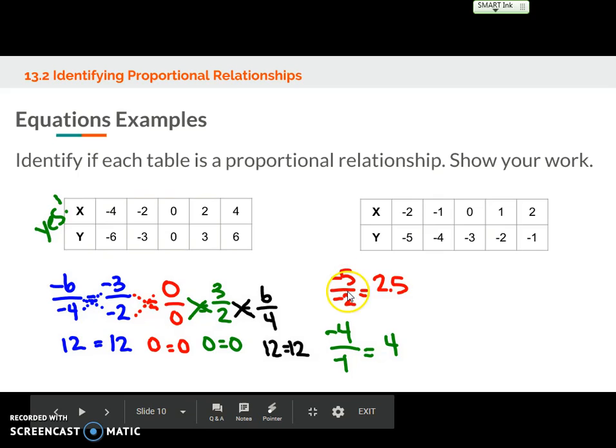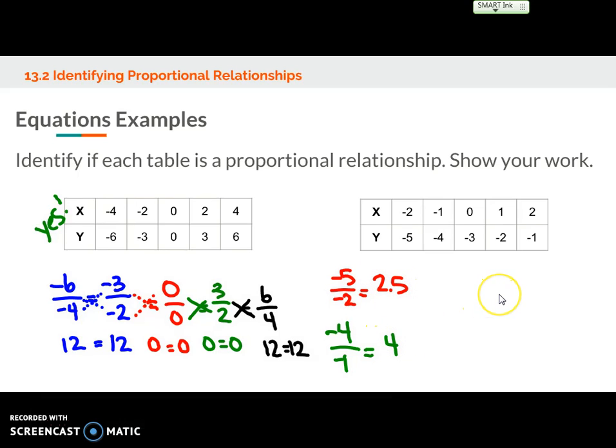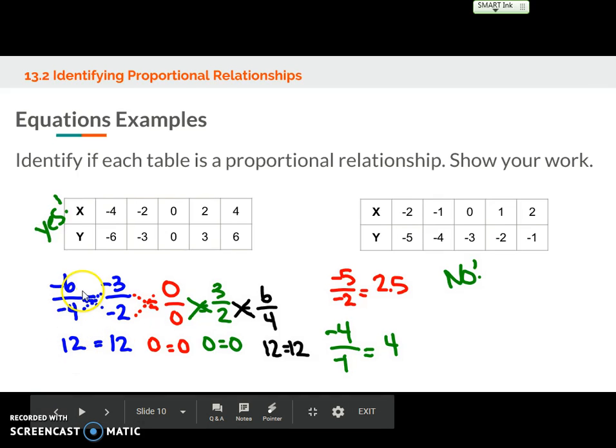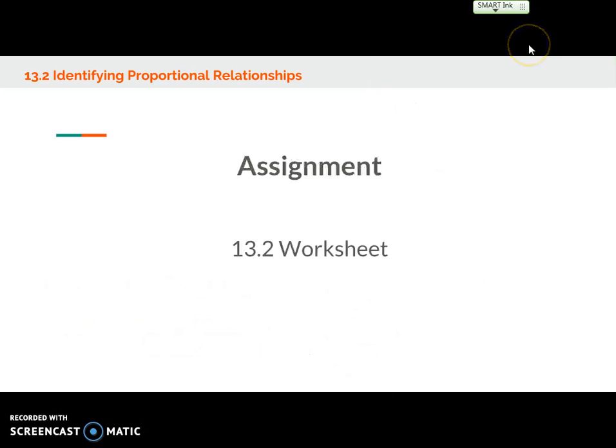When I divided the first one out, I got 2.5. When I divided the second one out, I got 4. Because these are not the same answers, I am going to have to say no. Okay? I would say no. So when I cross multiplied, I got to have the same number, same number. Here, once I get a different number, then I say no. That is not a proportional relationship.